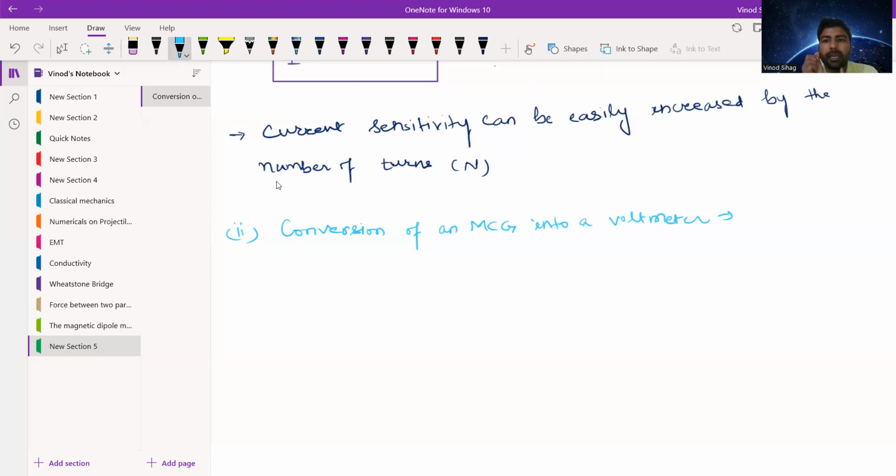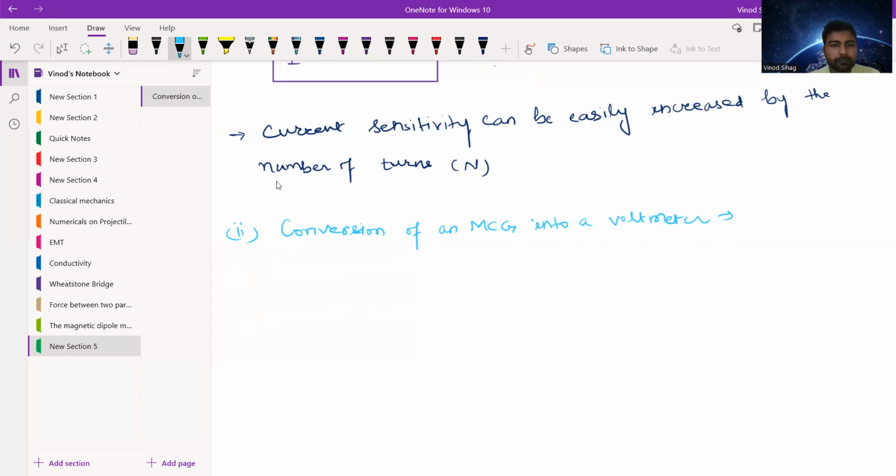So that's why we have to convert our galvanometer such that it will have a large, or enormous, resistance, so that it will act like a voltmeter. For that, first of all, the galvanometer already has some resistance, that is Rg, and now our task is to connect a higher resistance in series connection with the given galvanometer. Then only we will get the voltmeter.